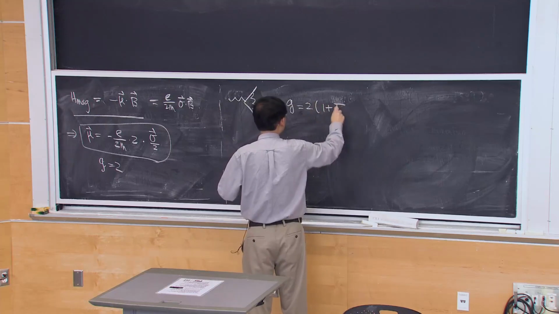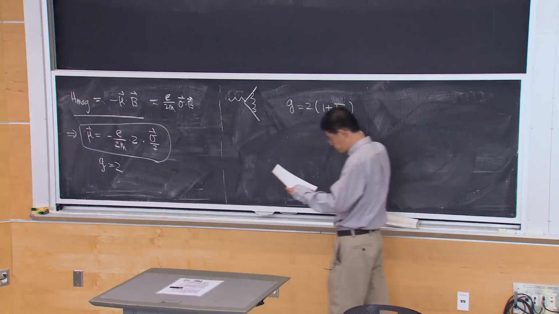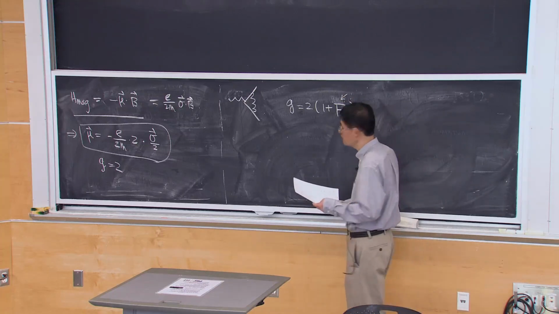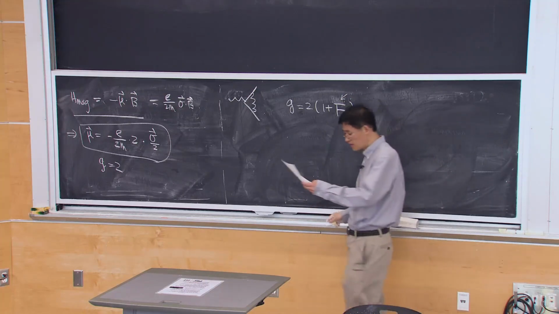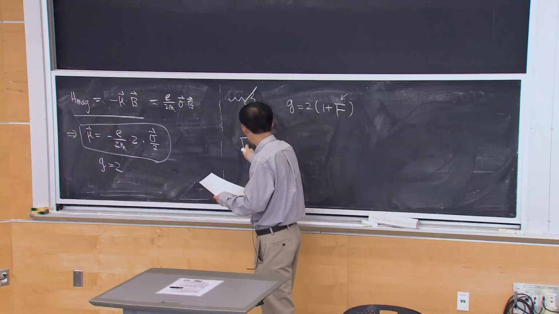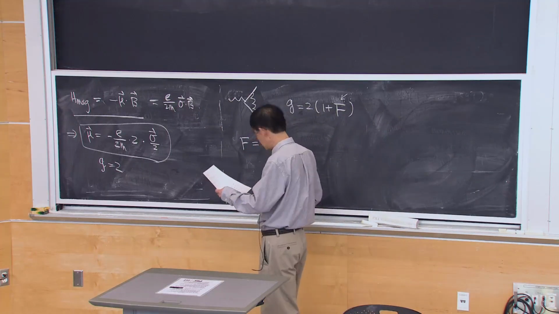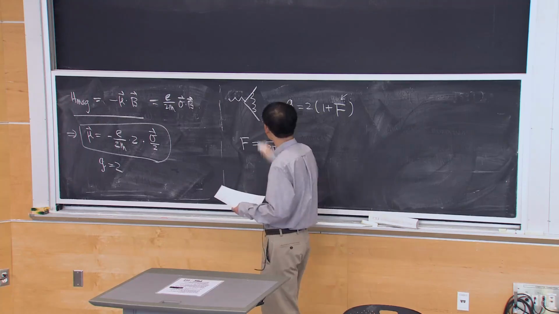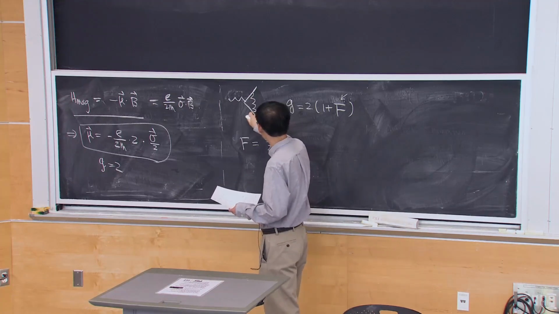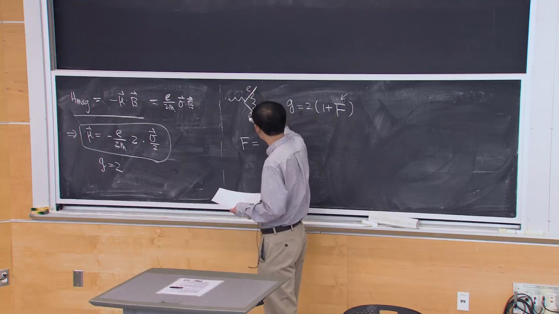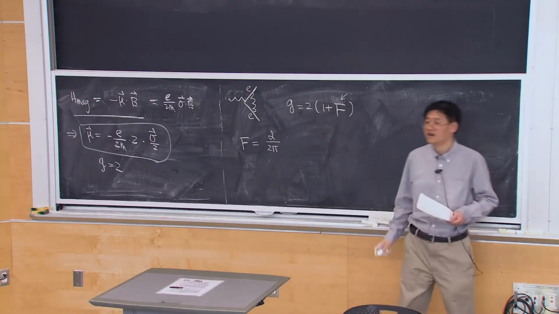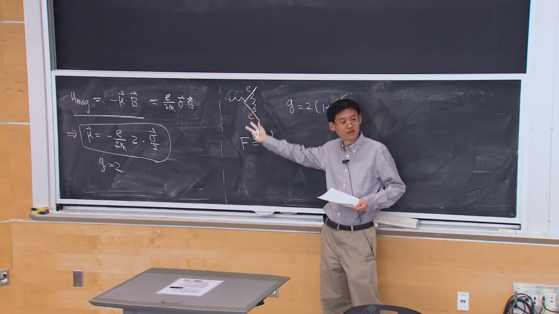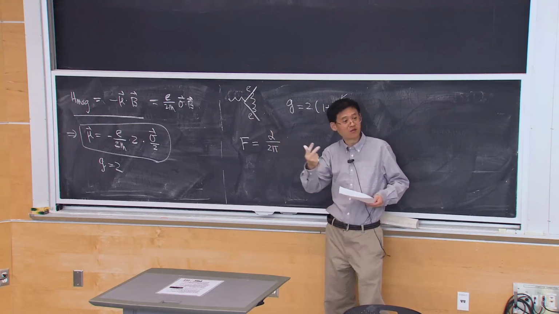If I call the g factor 1 plus f, this f is the correction, and the correction which Schwinger first calculated is given by alpha divided by 2 pi. The reason it is alpha is that there's an e here and an e here, so e squared is just alpha.